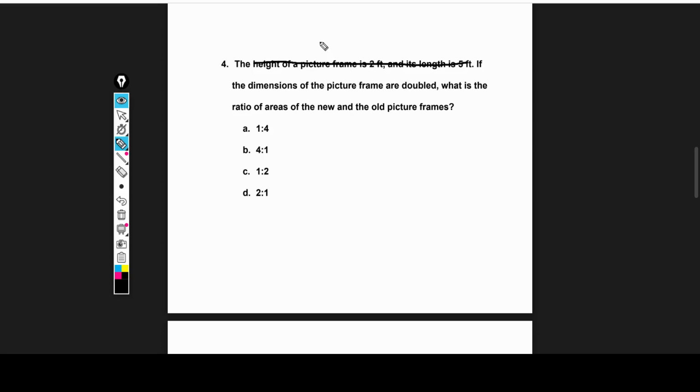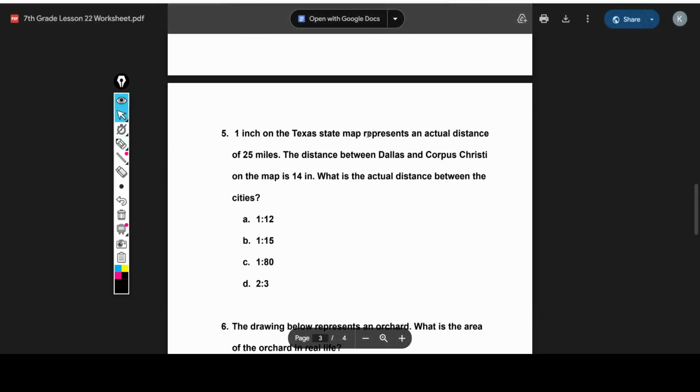If we say the height is h and the length is l, the old area is hl, but the new area is twice the height, so 2h times 2l, which is 4hl. So the new one is 4 times as large as the old one, and the ratio of areas from new to old is 4 to 1. You can imagine there's a 1 here. So it's 4 to 1. That's B.